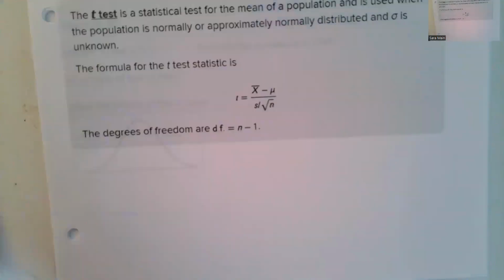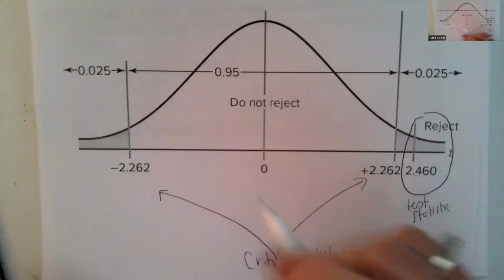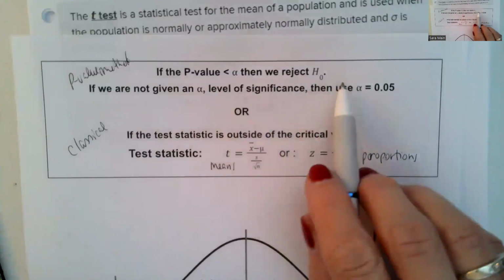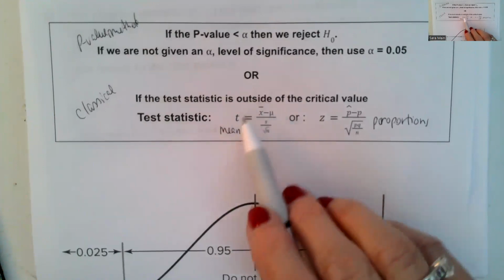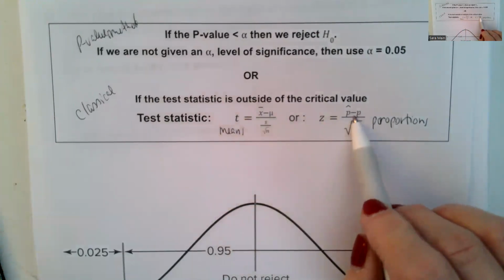Okay, so I do want to make sure I hit home on this. I said if the p-value is less than the alpha, then we reject H0. For the classical method, we've got our t-score, our t-value that we're going to calculate, and our z-value.